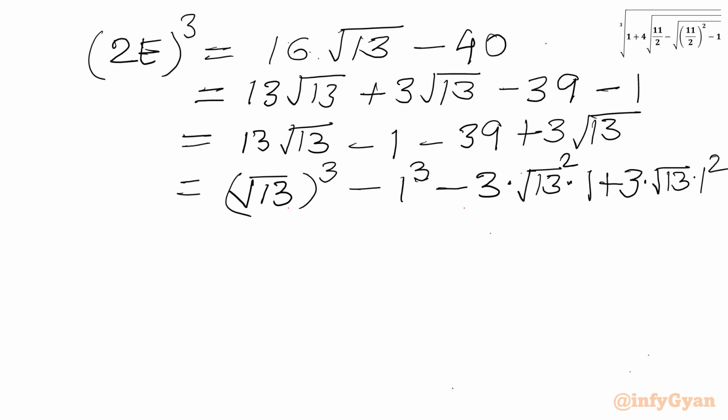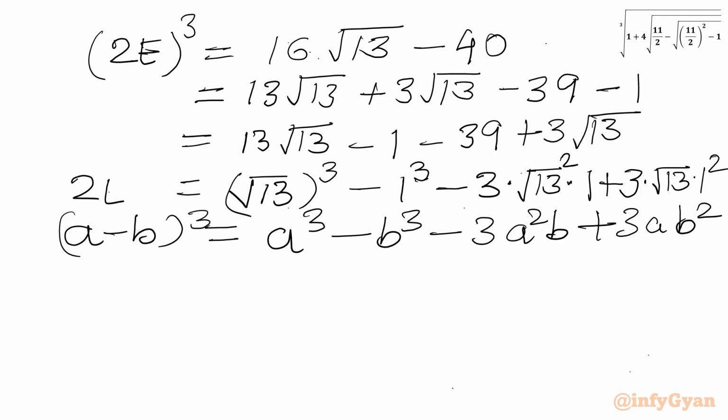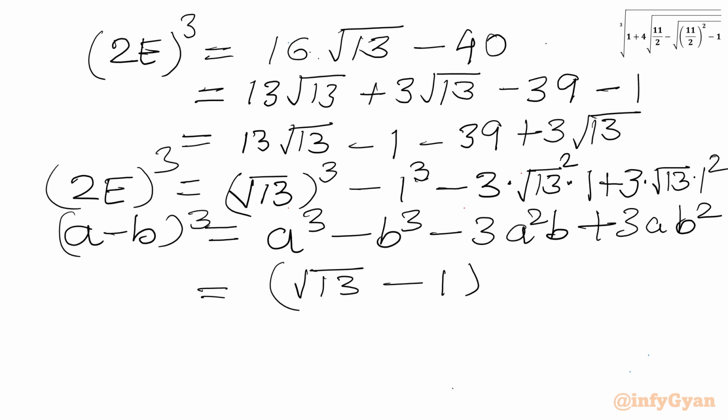So it is giving us one identity, a cube minus b cube minus 3a square b plus 3ab square will be equal to a minus b whole cube. So I can write our RHS as root 13 minus 1 whole cube. Left hand side is 2E whole cube.